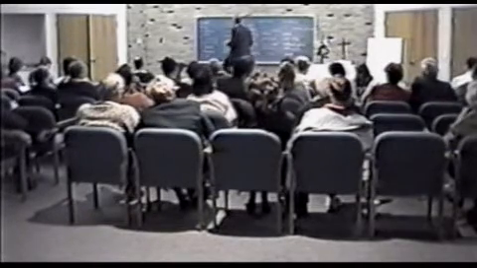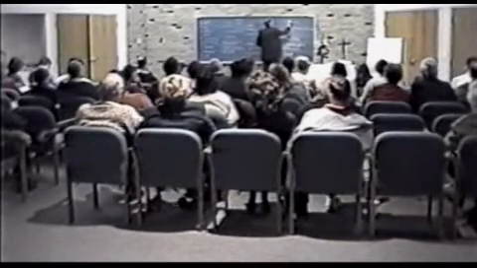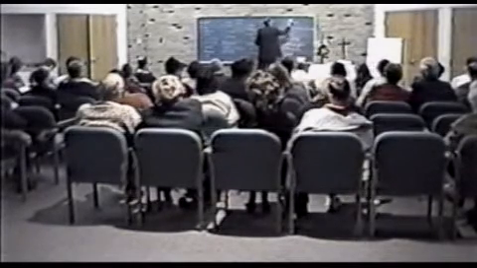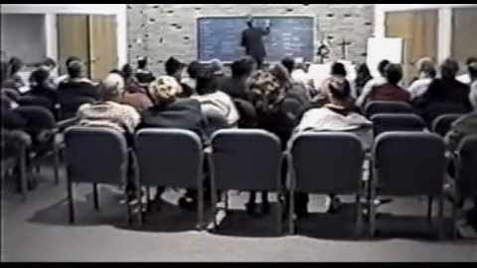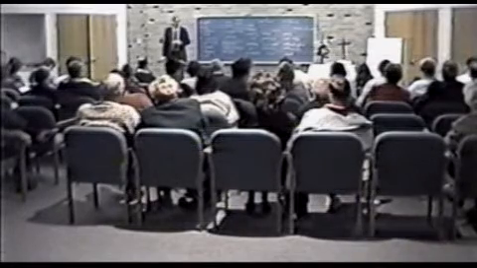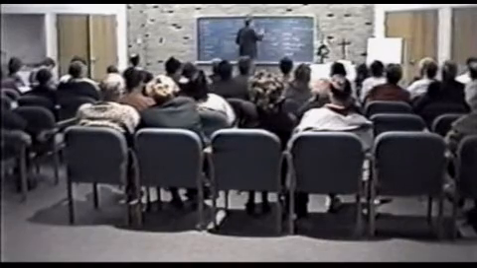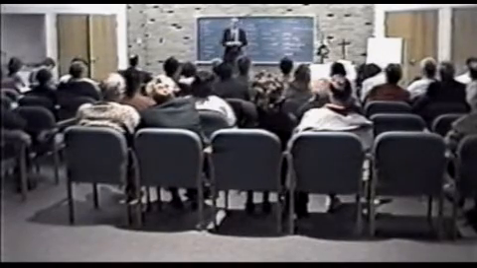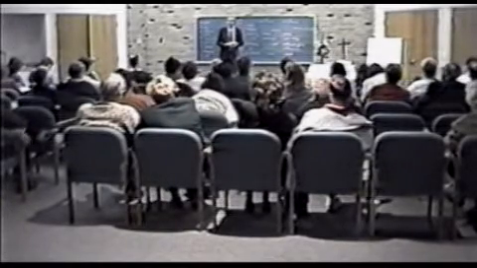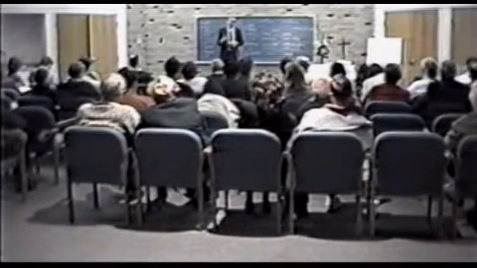Scholars have names for these sources. The source that is found here in the second creation account, they call J. And the source that's found here, they call P. The reason why they call the second one P is because, not so much in this creation account, but in other passages where you find this style and Elohim and transcendence, you find interests in priestcraft, how to be a good priest.